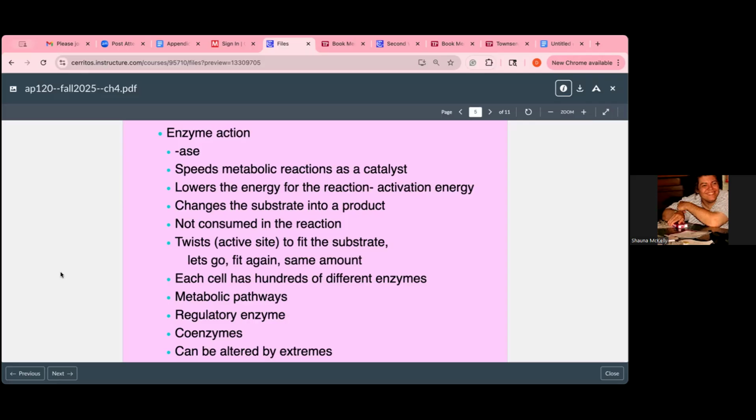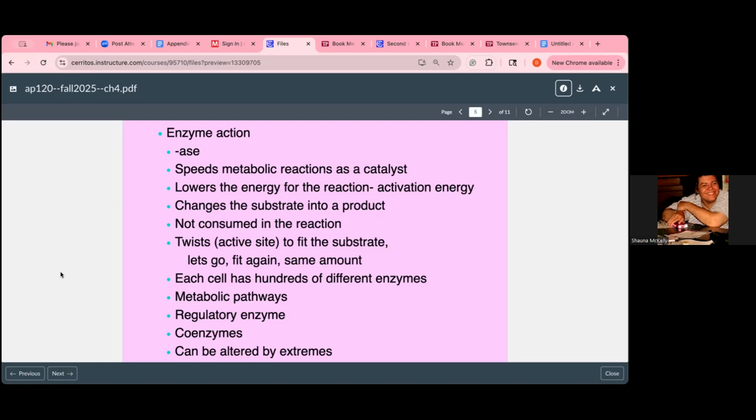Okay. There's also coenzymes that work together with each other. And enzymes, as we know, can be altered by extremes.